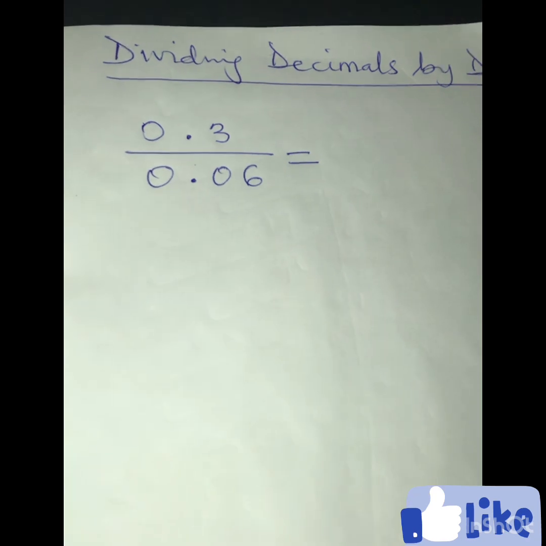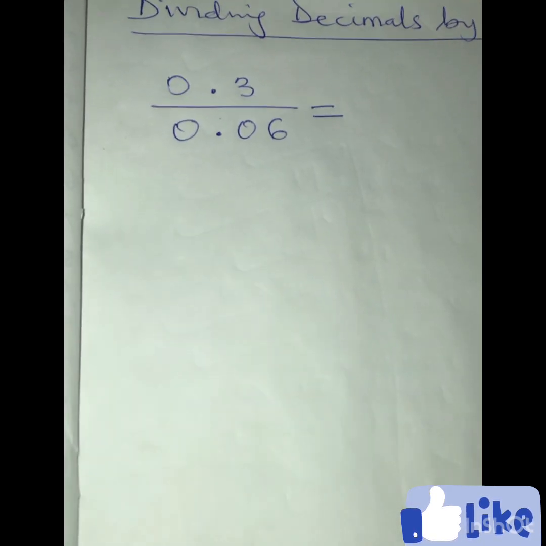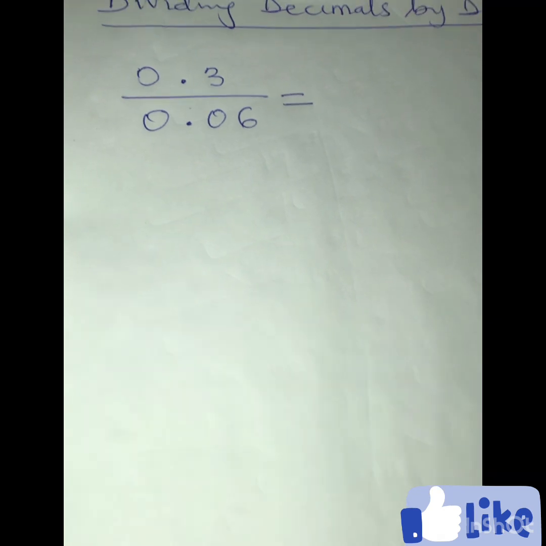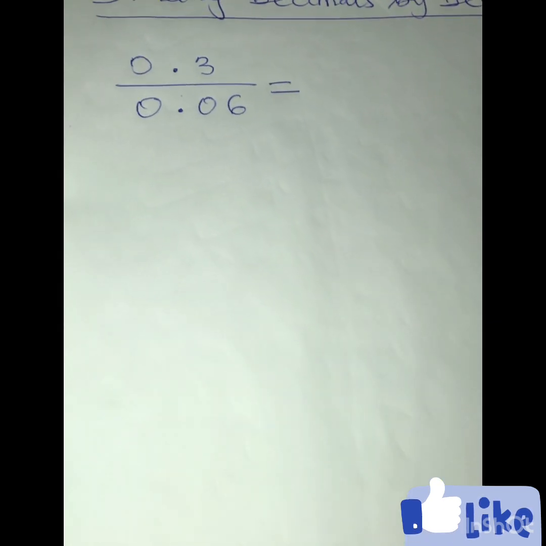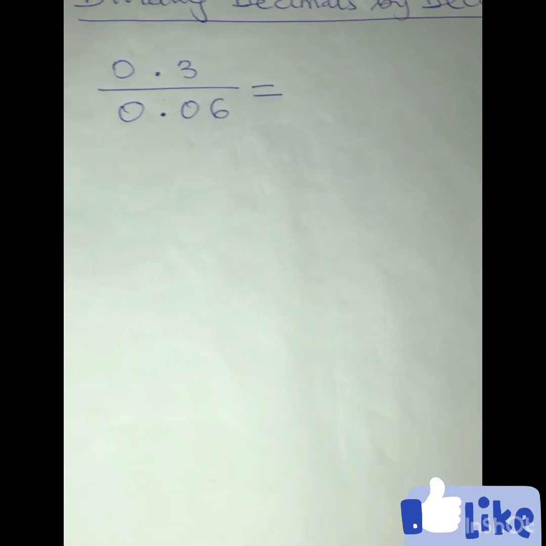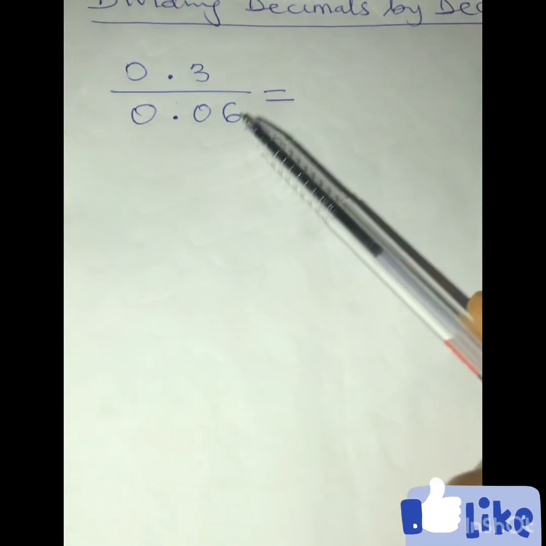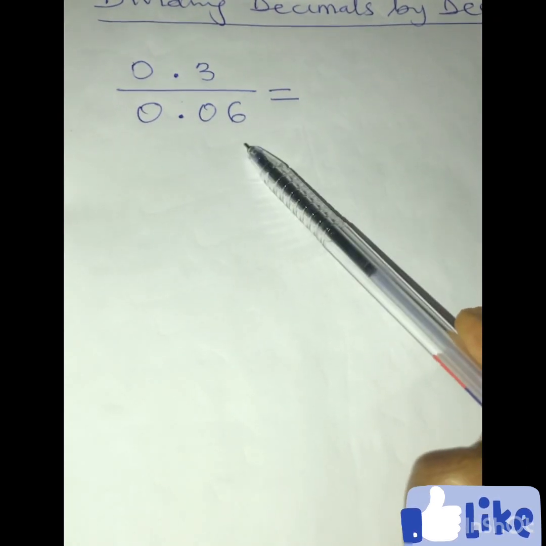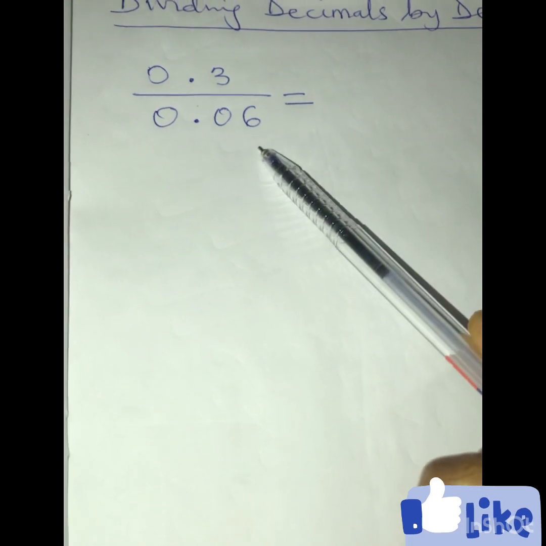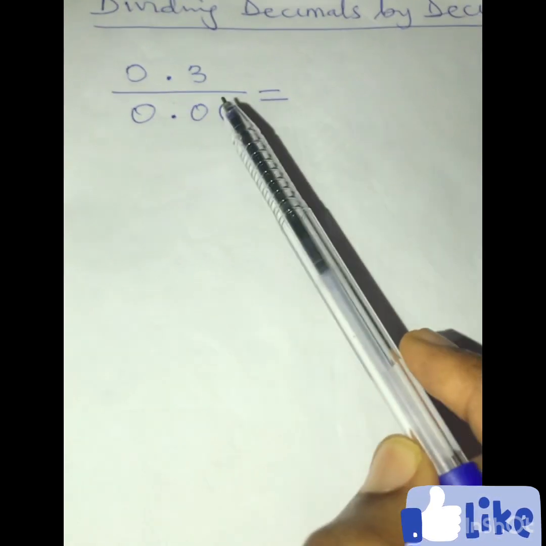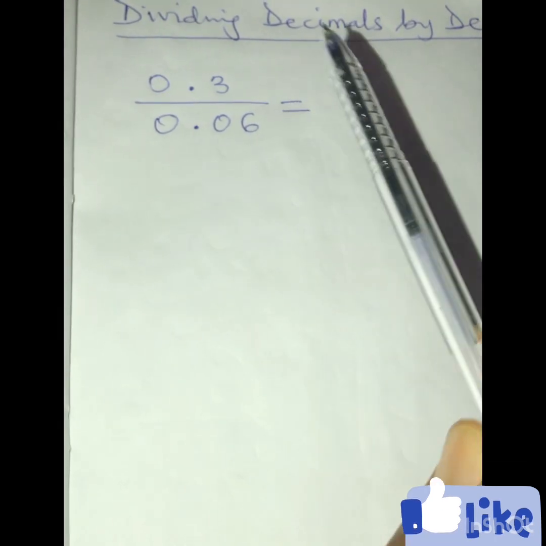Now, the first stage is for you to turn the decimal number into a whole number. Now, how do we turn a decimal number to a whole number? Remember that the one you have above is a decimal number, and the one you have beneath is also a decimal number. Now, let's look at how many decimal places these two numbers have.